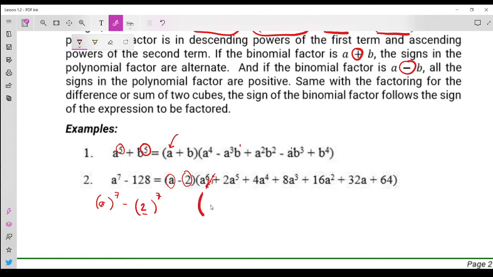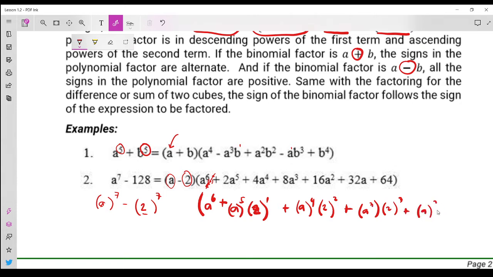So we have here a raised to 6 plus a raised to 5 times 2 raised to 1 plus a raised to 4 times 2 raised to 2 plus a raised to 3 times 2 raised to 3 plus a raised to 2 times 2 raised to 4, plus a times 2 raised to 5.